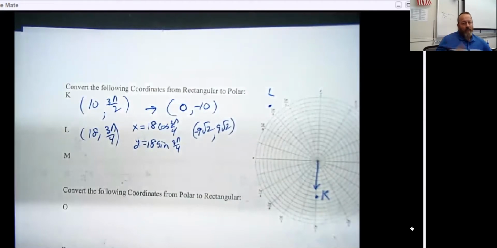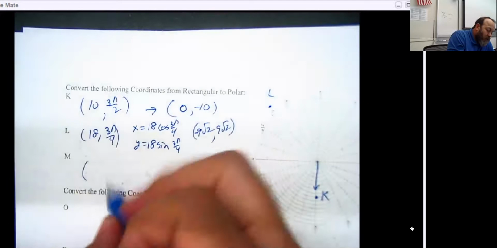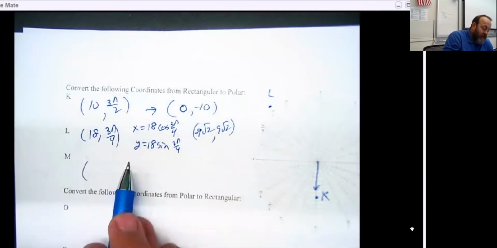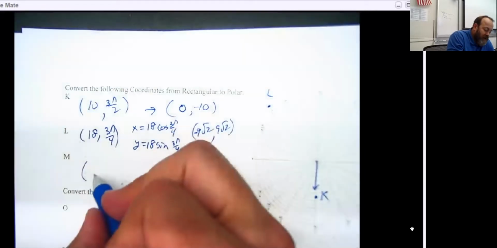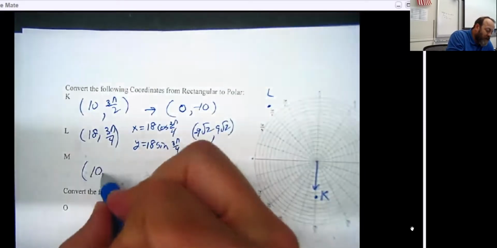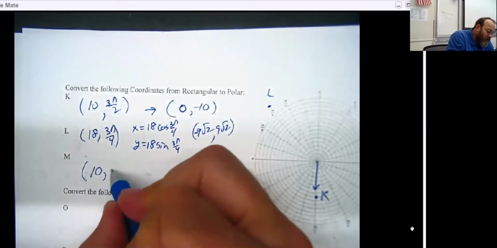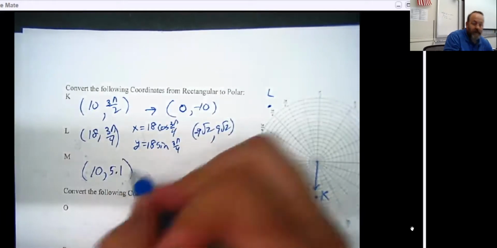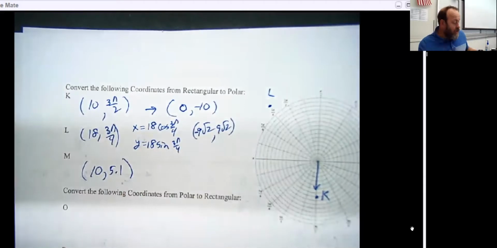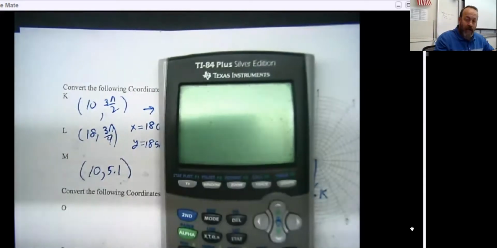Now, I'm doing very, very nice problems here. And so please understand that sometimes you get really nice ones and sometimes you don't. So what happens if I did something in polar, and this is going to be, again, kind of weird. Like, what if they said, hey, I wanted to go to the 10th circle, but I wanted to go to 5.1 radians. So again, I could just come into my calculator.